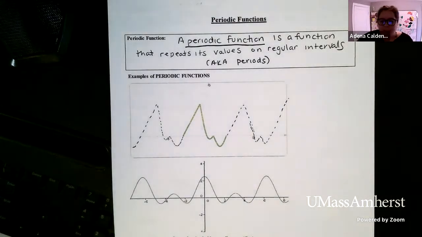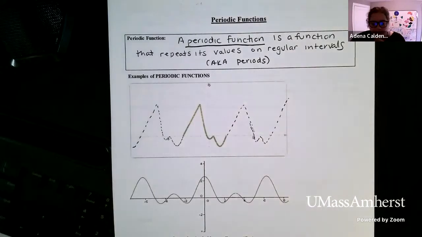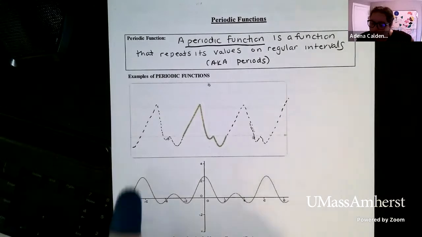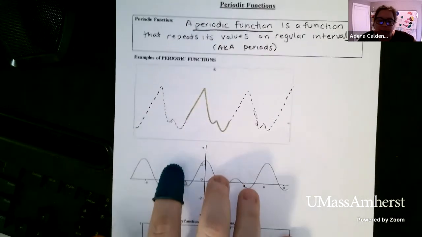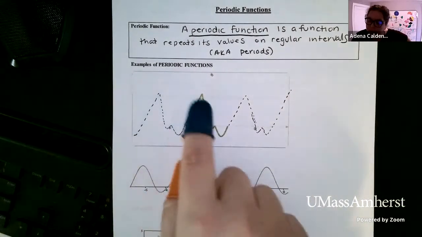We're going to start by looking at a couple of pictures of periodic functions to get a visual representation of what we're talking about here. Then we're going to learn some of the mathematical components that we're interested in. We'll start with this first one. They kind of look like mountains, but what you notice is that the pattern is repeating.